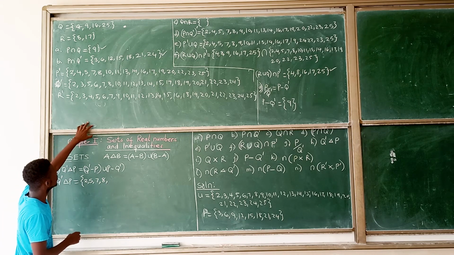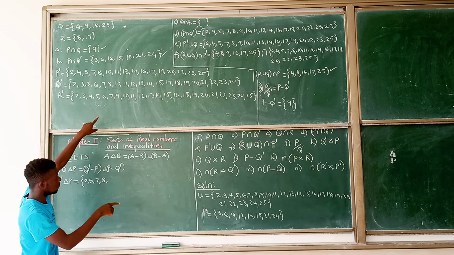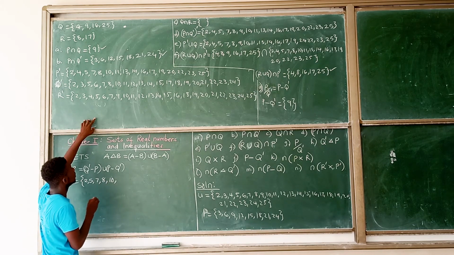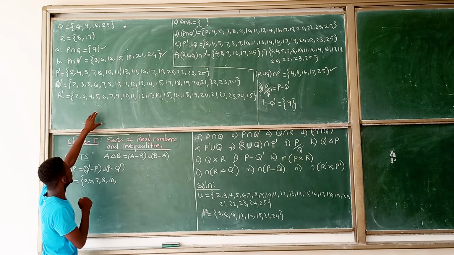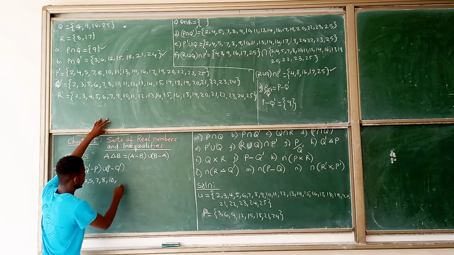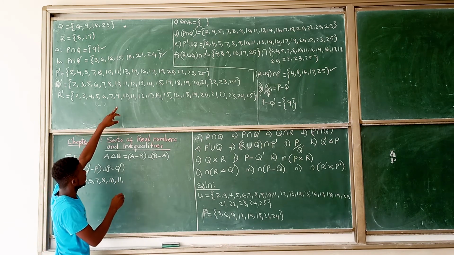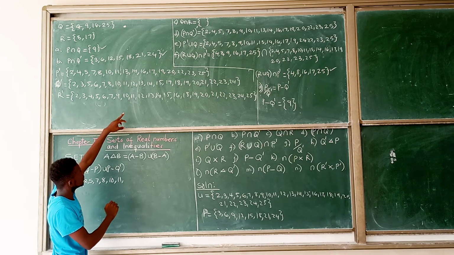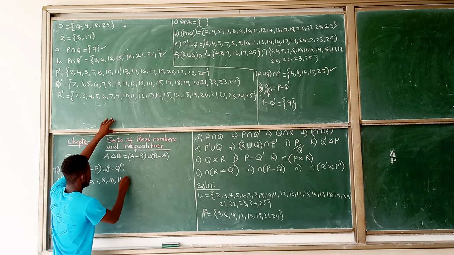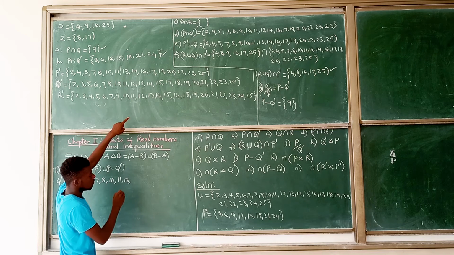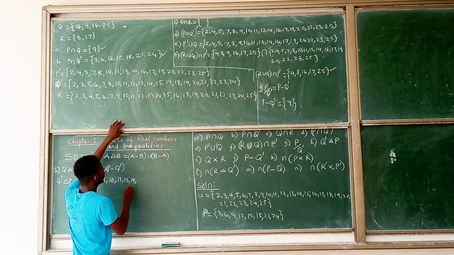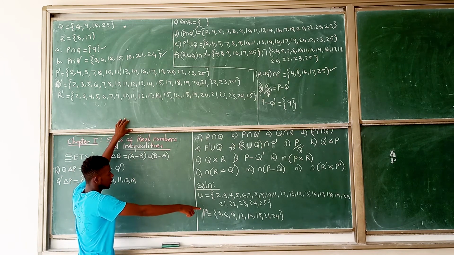So we have 10. 10 is not in P, so 10 is part of this set. We have 11. 12 is here and 12 is here. 13 is not here. 14 is not there. We have 15, 15 is here.